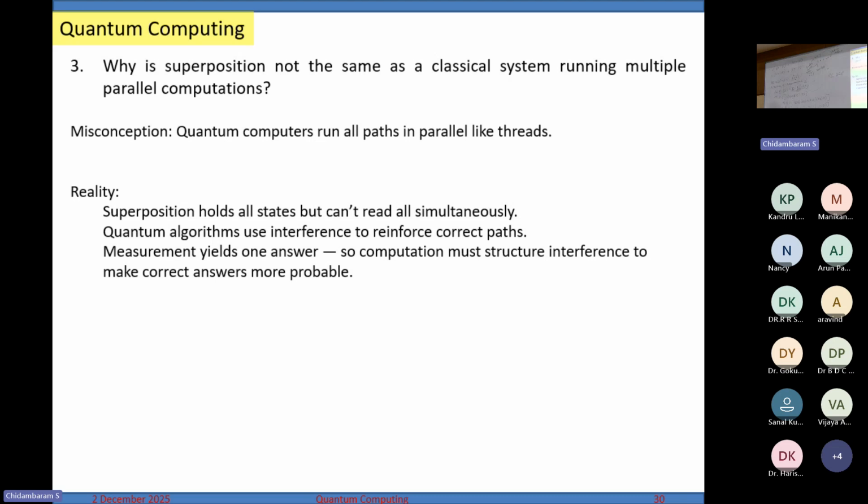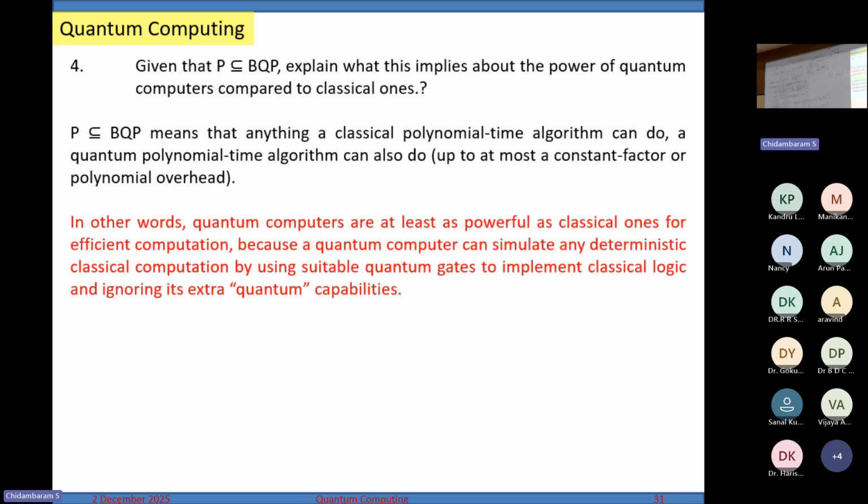Certainly not, because quantum behavior involves the quantum properties, especially superposition, entanglement, interference, and measurement. Are these properties there? If they are not there, it is not quantum. Of course, you have the property of doing things in parallel, but that is different.